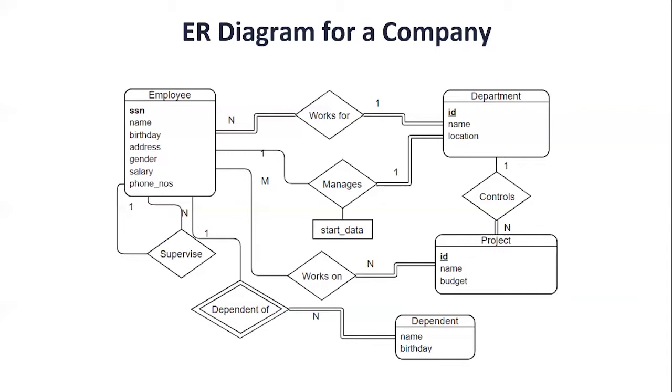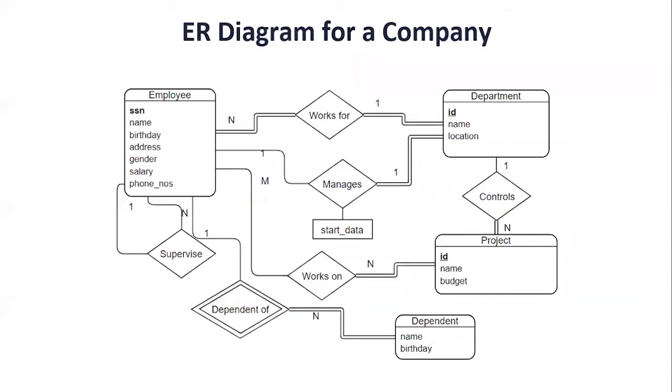And as you can see, an employee may work for a particular department which has an ID as the primary key, name, location as its attribute. And you can see that it's a many-to-one relationship. So that means one department may have many employees.